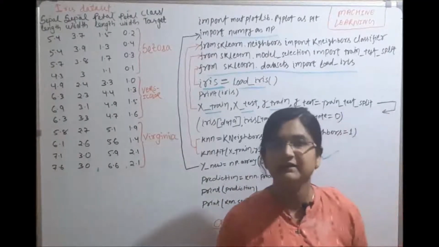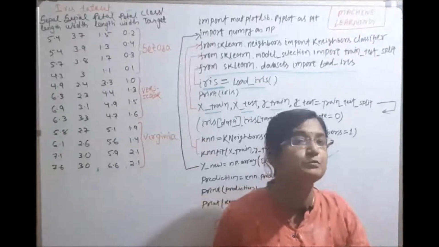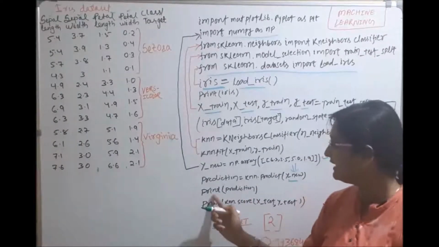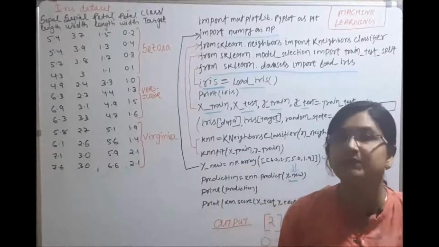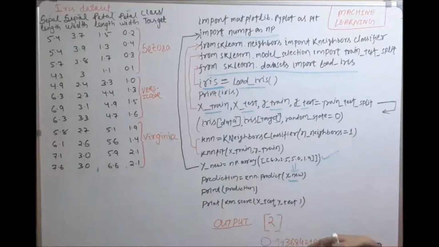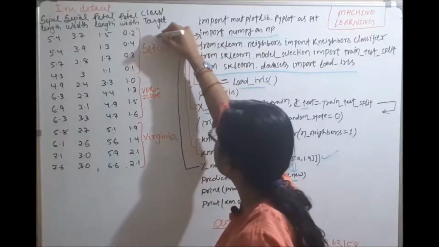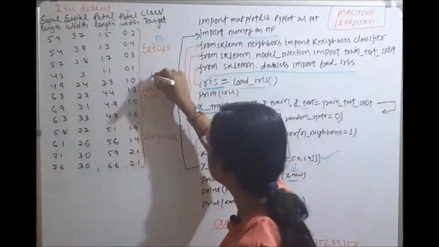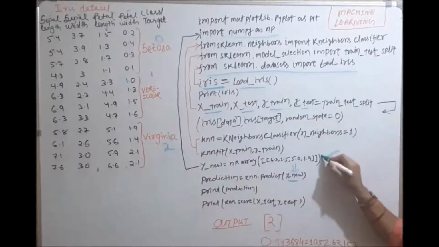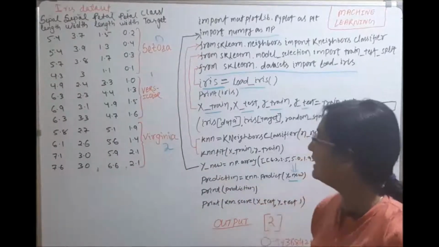Now the prediction variable has stored the predicted species name. Next I print the prediction, and it will give me the species name. If I execute the algorithm, my output is 2. Here 0 is Setosa, 1 is Versicolor and 2 is Virginica. That means this data belongs to the species Virginica.